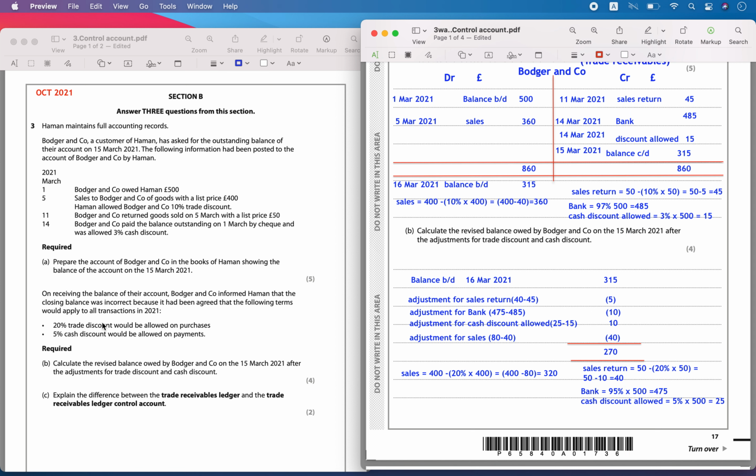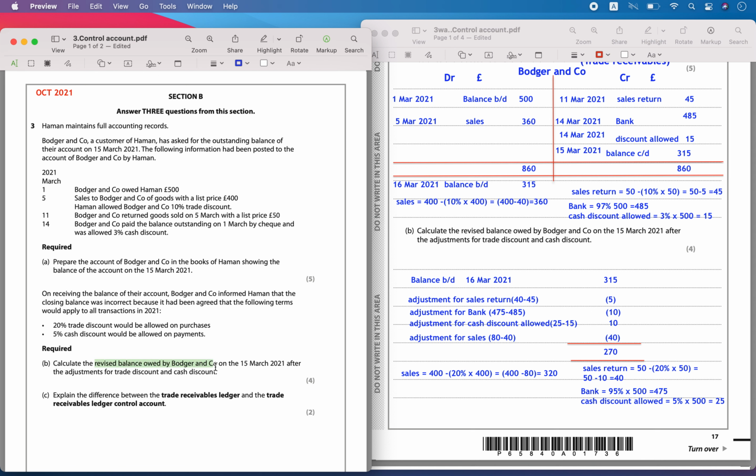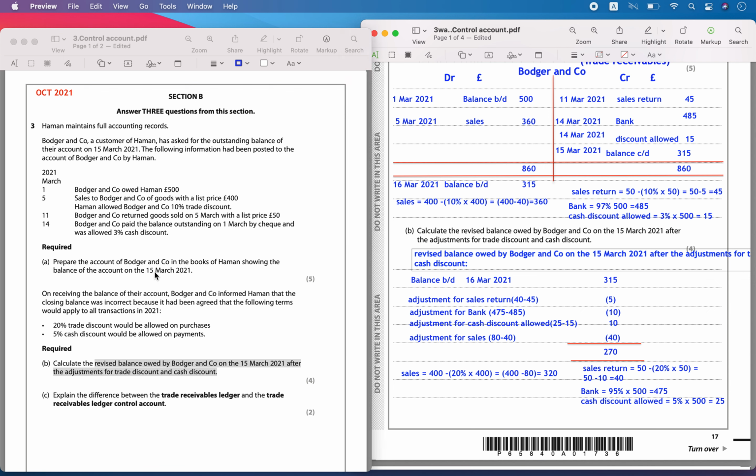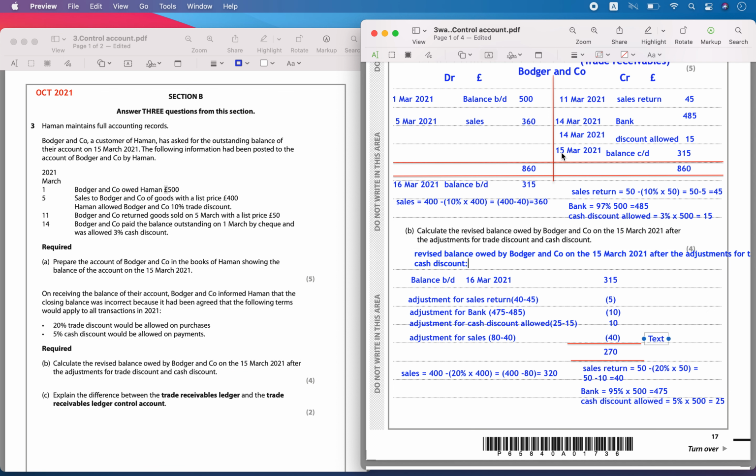This is the revised balance owed after adjustments of cash discount and trade discount. And then you have to include the pounds here.